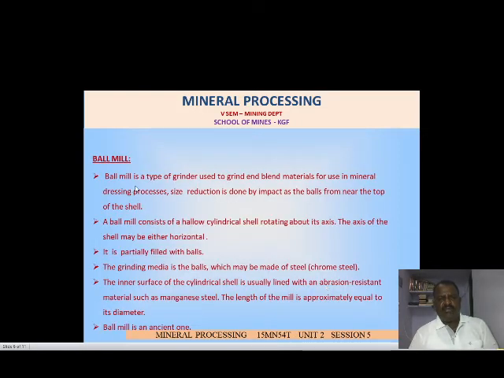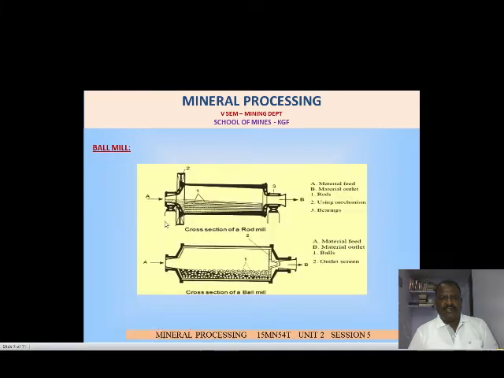Next we will go to the ball mill or rod mill, which are the same. First we will go to the picture, then we will come to the process. See, this is the cross section of the rod mill, and this is the cross section of the ball mill.